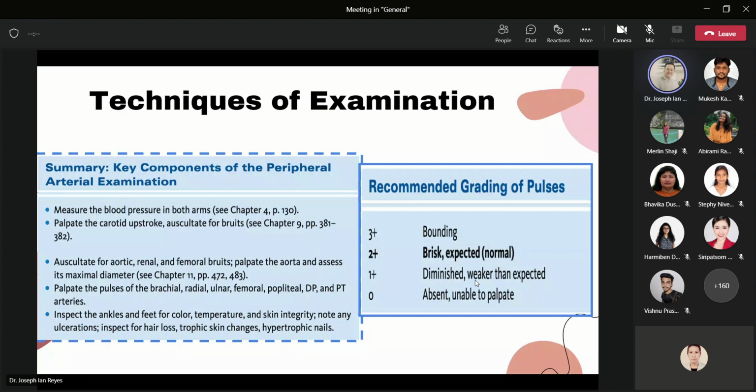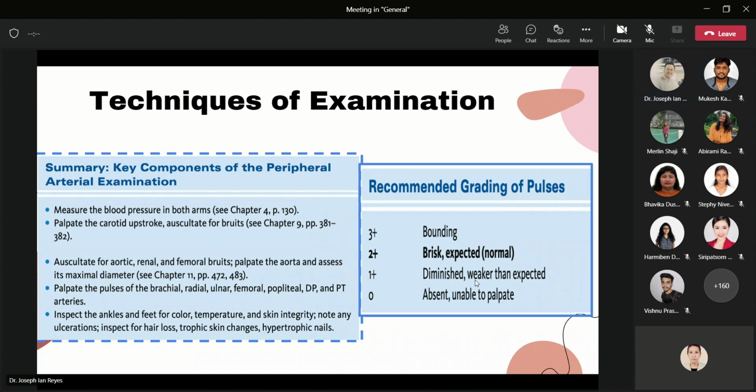Normally, it's a 2 plus. And for patients who, maybe from physical activity, or mild dehydration patients where the body is trying to compensate, heart rate becomes higher, the pulses will become stronger. So you have to know what is bounding, what is brisk, what is diminished, and what is absent.